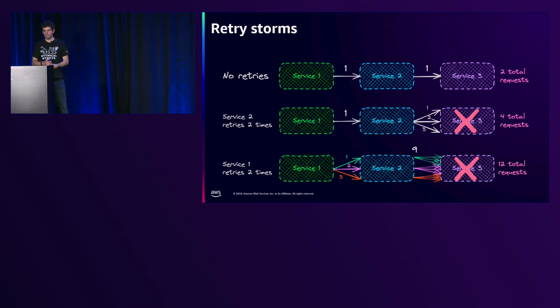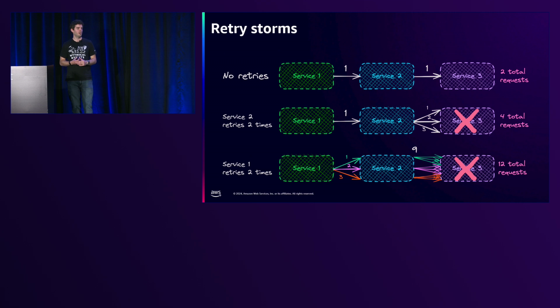Retrying is table stakes, but a lot of times our customers implement retrying in a way that makes their bad days worse. When every time a failure occurs, it could be transient in nature, it could have been a quick network blip, a connection being disconnected, you should retry things, but if you've implemented retries with not a lot of smarts to them, you're going to have a situation like this.